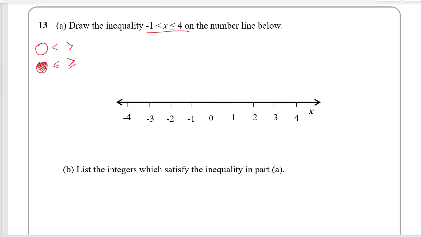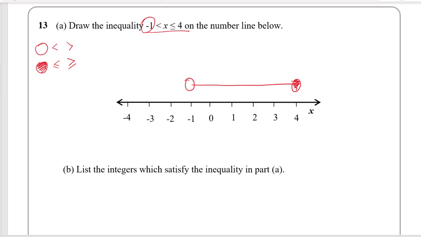So we go to minus 1 because x is only greater than that, and we draw a hollow circle. And on 4, x is less than or equal to, so we use a solid one, and just connect these two with a line.